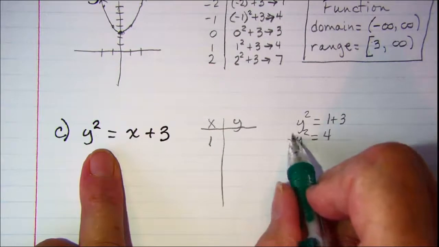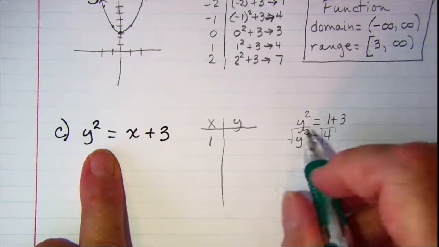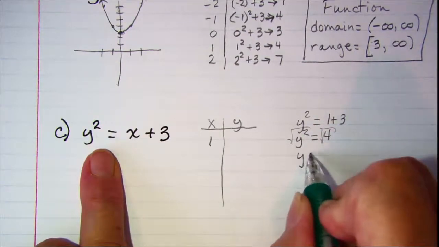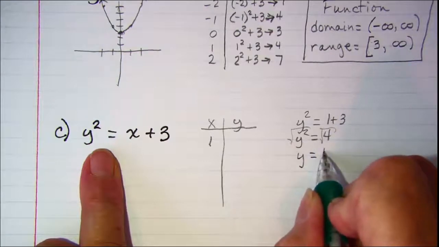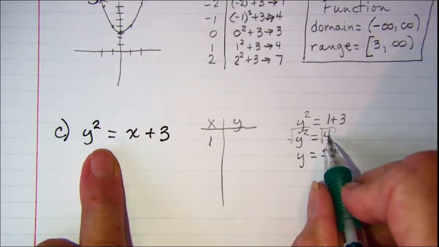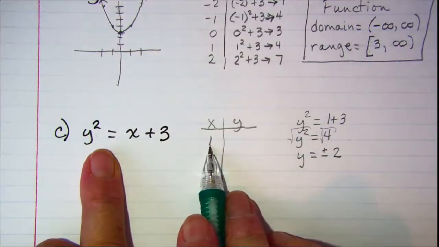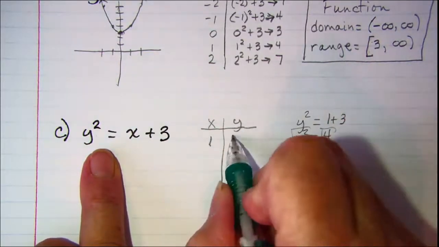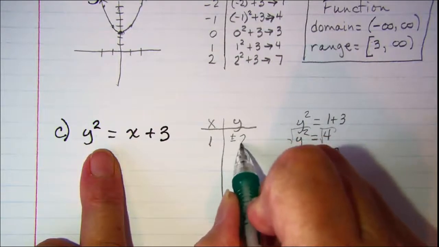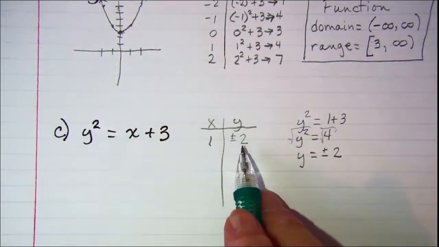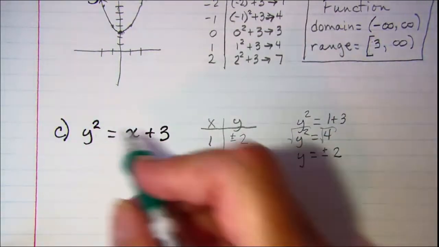Now we need to square root both sides. But remember that when you square root, you need plus or minus. And the square root of 4 is 2. So when x is 1, y is plus or minus 2. Now this indicates that this is not a function.